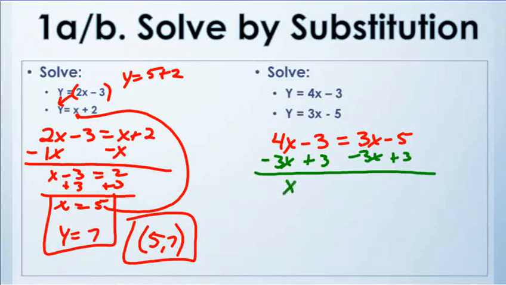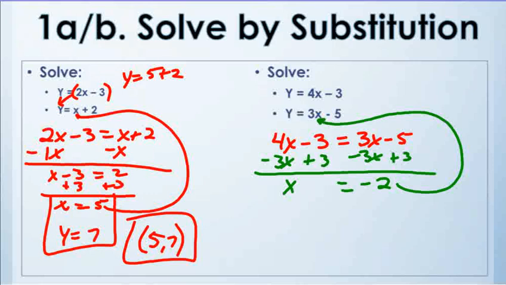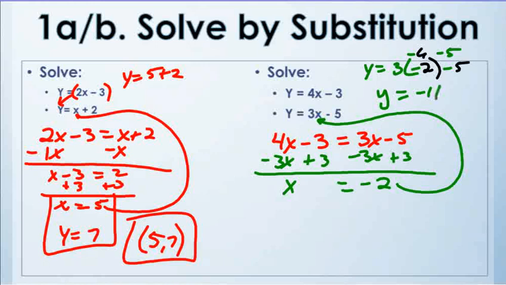So now I have x equaling negative 2. That's what x equals. I'm going to plug that into this one. Again, it doesn't matter. So y equals 3 times negative 2 minus 5. Y would equal, this is negative 6 minus 5, it's negative 11. So my ordered pair would be negative 2, negative 11.